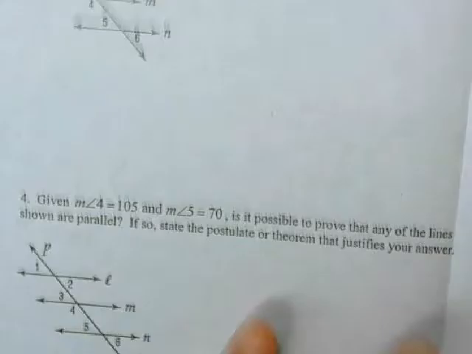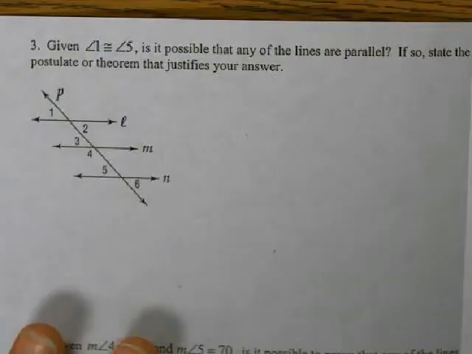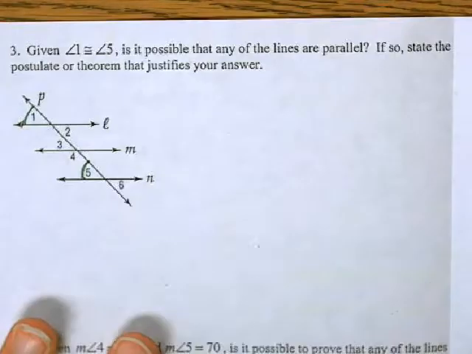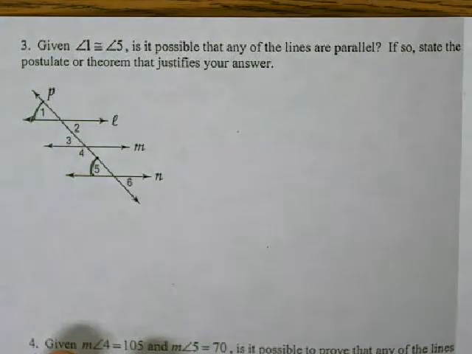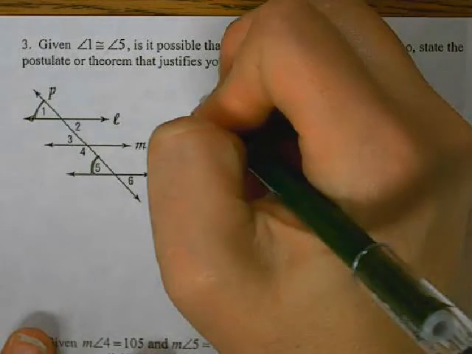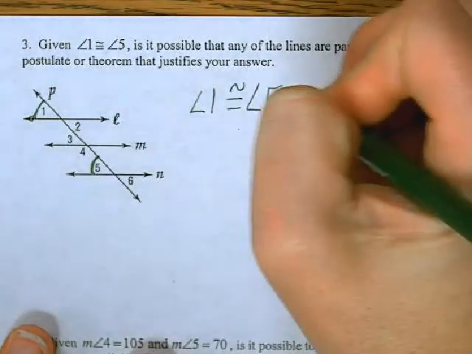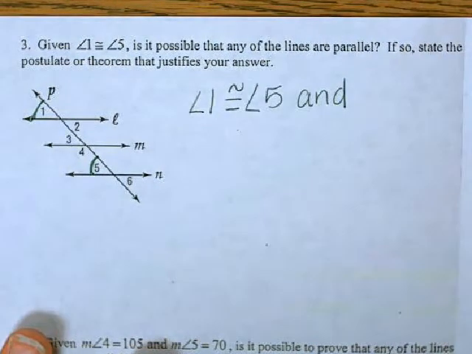Example 3. Example 3 says, given that angle 1 is congruent to angle 5. So angle 1 and angle 5 are congruent. Is it possible to justify that any of the lines are parallel? So we're going to say angle 1 is congruent to angle 5, and what kinds of angles do you think they are?